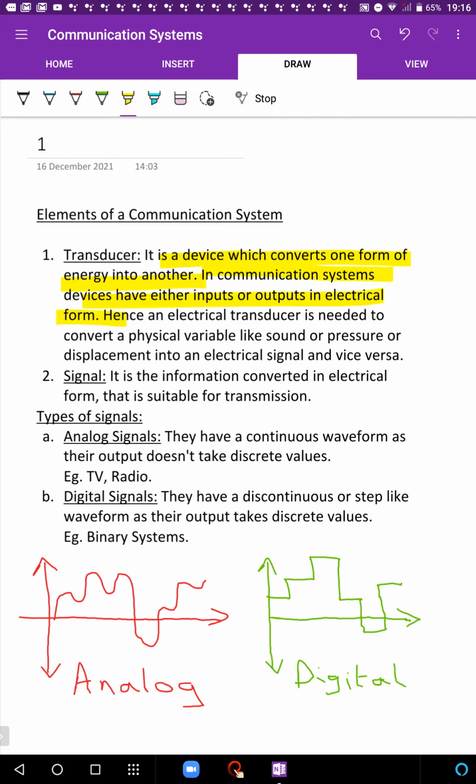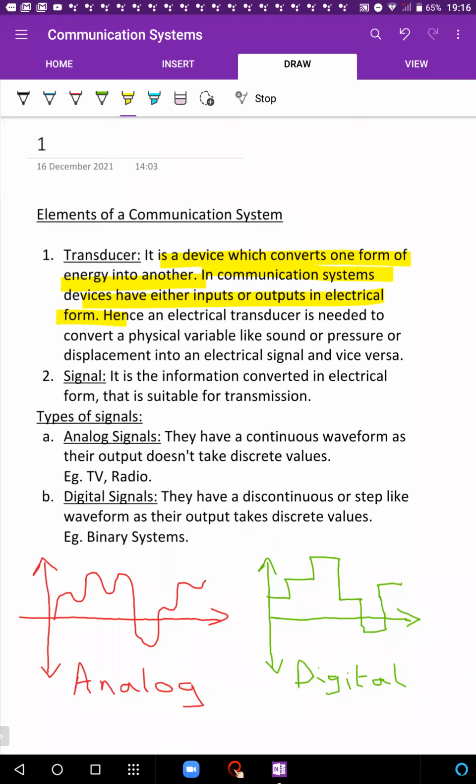For example, if you're speaking into a microphone, the input is an audio signal, but the output that the microphone is sending is an electrical signal. Then the speaker is receiving an electrical signal as the input, but the output it's giving is an audio signal. So these are examples of transducers.